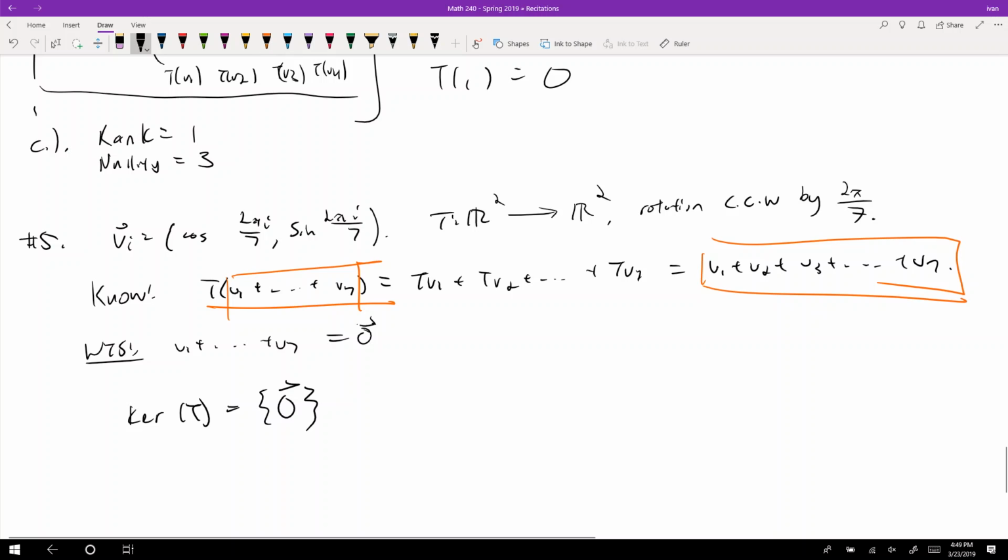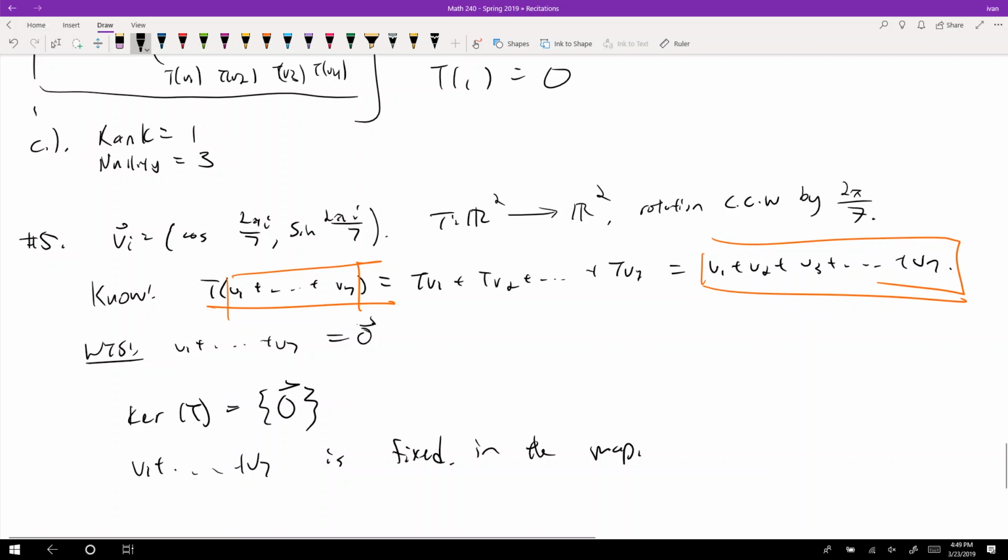So V1 plus V7 is fixed in the map. Does that make sense? V1 plus V7 is a fixed point in the map, and the only point that we know in T which will be a fixed point is the kernel.